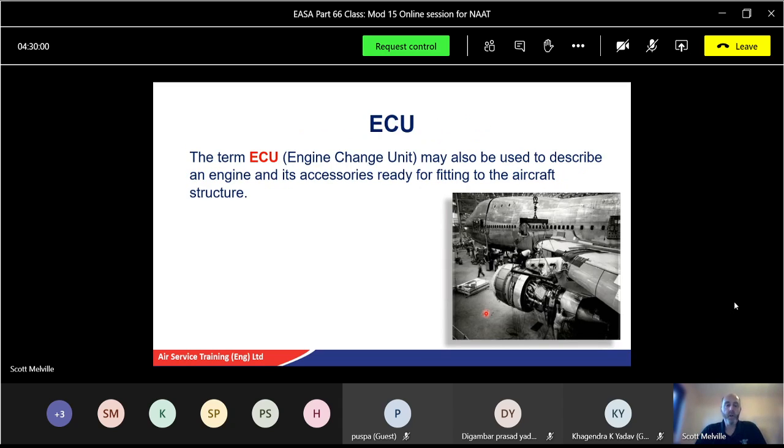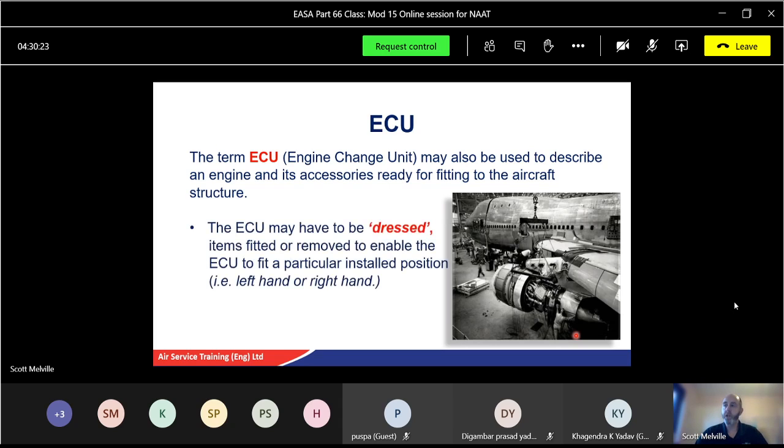Now the term ECU. An ECU is an engine change unit, another way of describing an engine and its accessories ready to fit to the aircraft structure. So you'll get an engine from the engine bay or wherever it is from the company. It'll arrive on a transportation stand, and depending on how many engines the aircraft has, and which side it is, you may have to do what's called dressing the engine. Now, what we mean by dressing, we don't put on clothes.